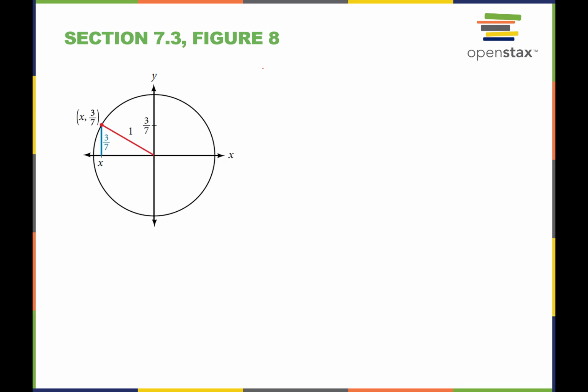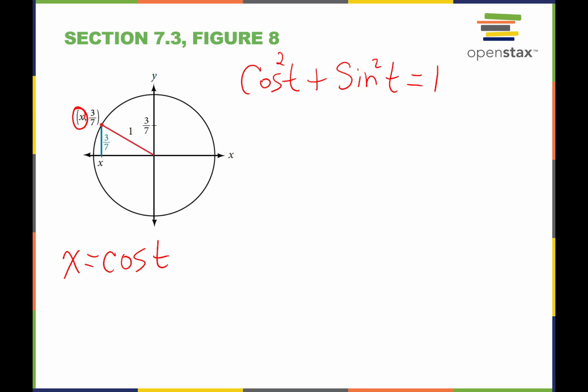So starting with your Pythagorean identity, I have cosine of the angle squared plus sine squared t is equal to 1. Since I know that x is equivalent to cosine of the angle, and I know that y is equivalent to the sine of the angle, here is my y, which is my sine.